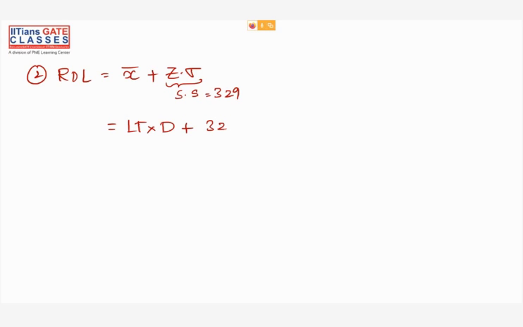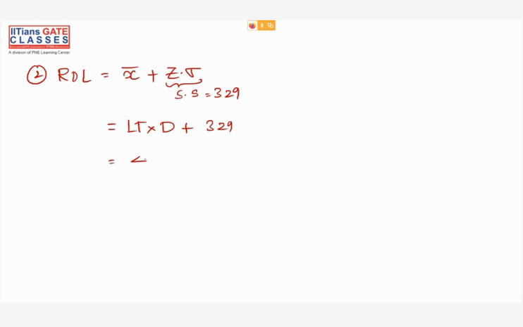That's a simple one. The second question is your ROL. ROL is nothing but average demand during lead time plus Z into sigma, and this is your safety stock. Already you have found out the safety stock, that is 329 units. Of course, I told you the average demand during lead time is lead time into demand rate, right? Plus 329. So what is the lead time?